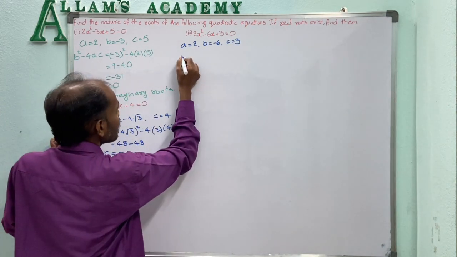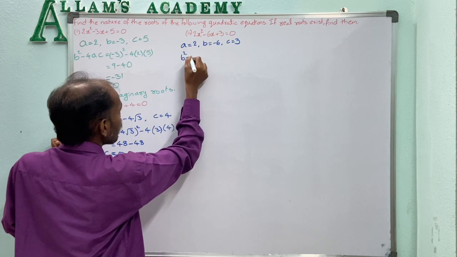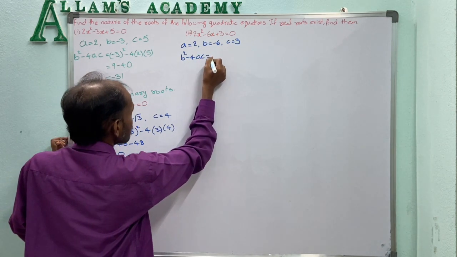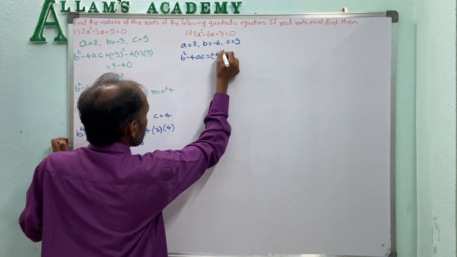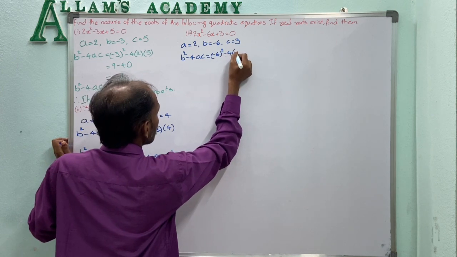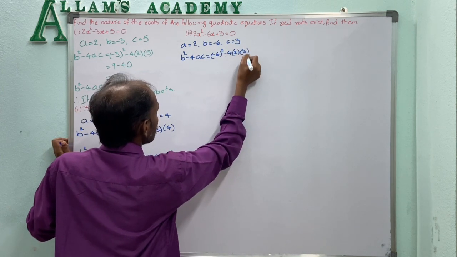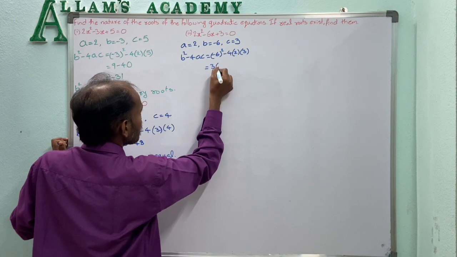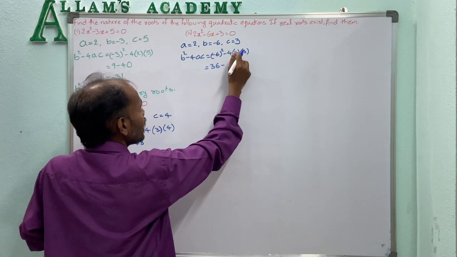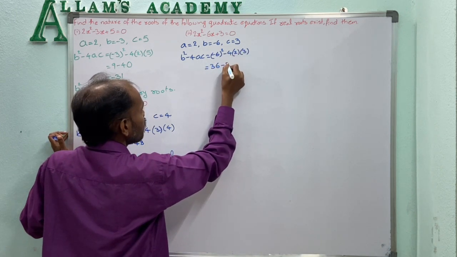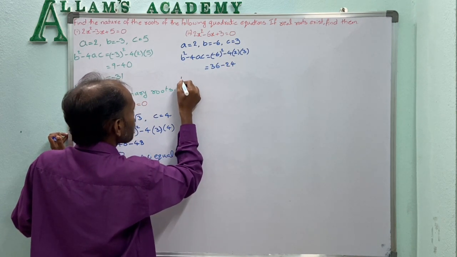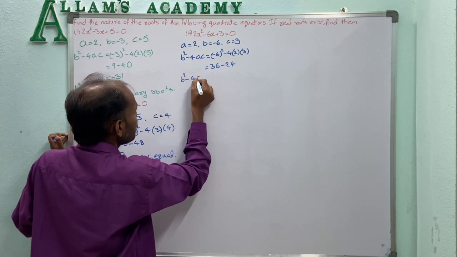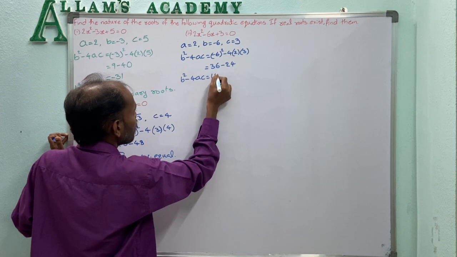Now finding the discriminant value b square minus 4ac, where b equal to minus 6. So minus 6 whole square minus 4ac, 4 into a equal to 2 and c equal to 3. Minus 6 whole square equal to 36, minus 4 twos are 8, 8 threes are 24. So b square minus 4ac value is 36 minus 24 equal to 12.